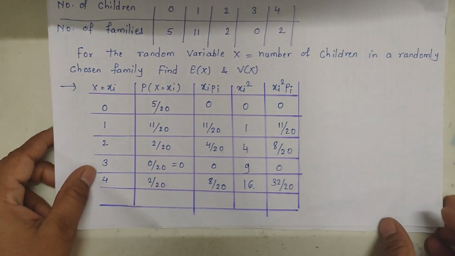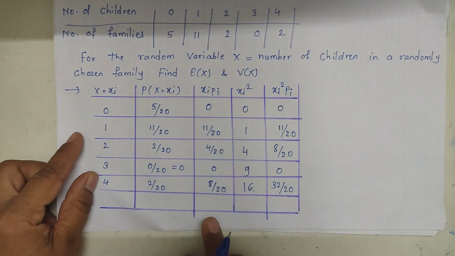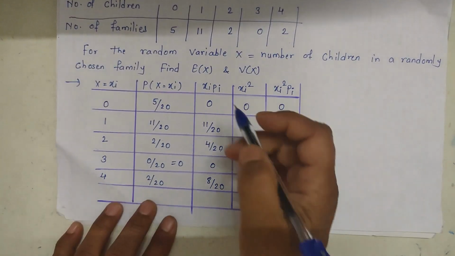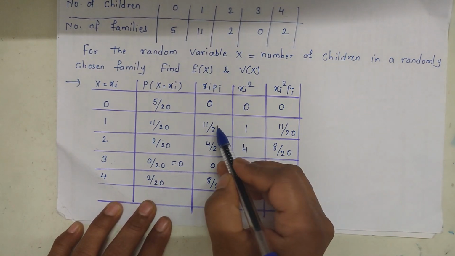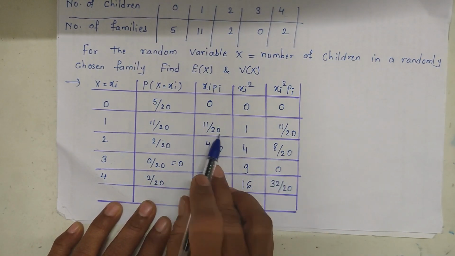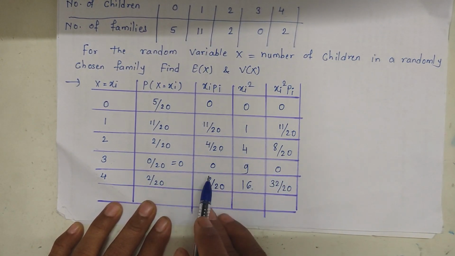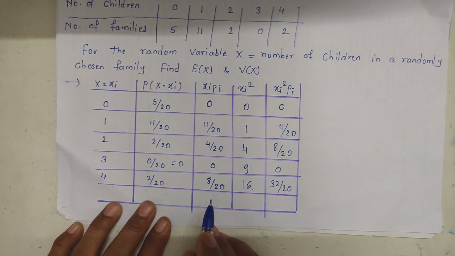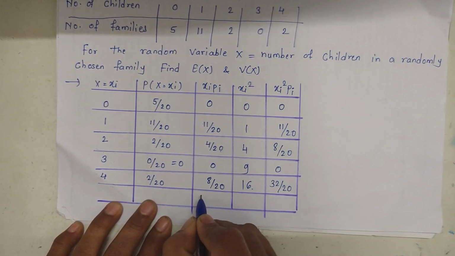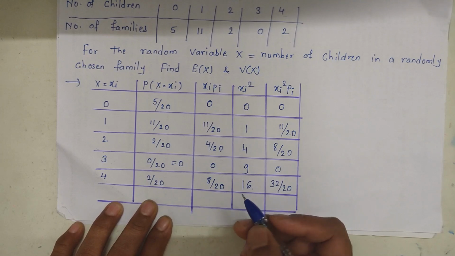Now for finding the mean and variance, we have to find the summation of xi pi. So summation of xi pi is 11 by 20 plus 4 by 20, 15 by 20, plus 8 by 20, 23 by 20.